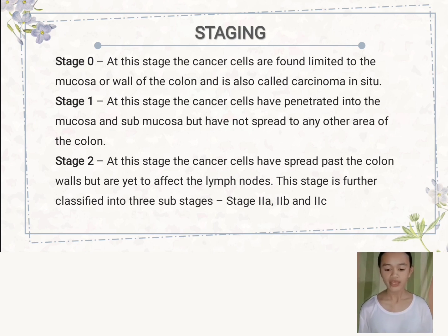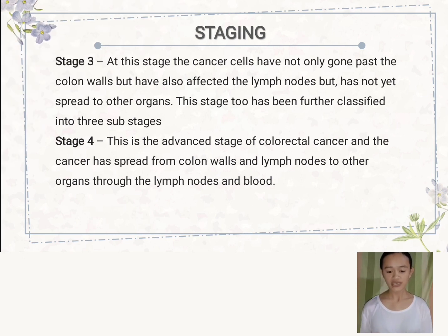Stage 2. At this stage, the cancer cells have spread past the colon walls but are yet to affect the lymph nodes. This stage is further classified into 3 substages: Stage 2A, Stage 2B, and Stage 2C. Stage 3.